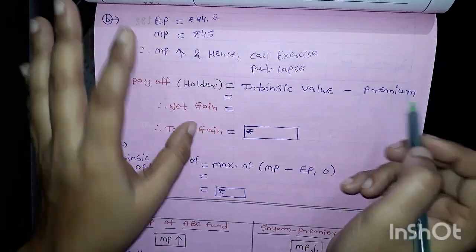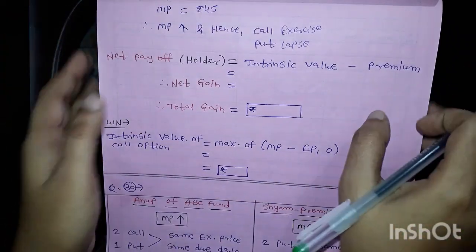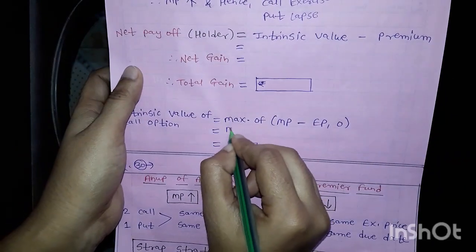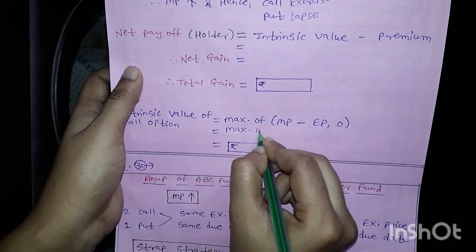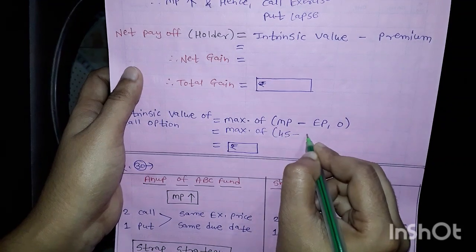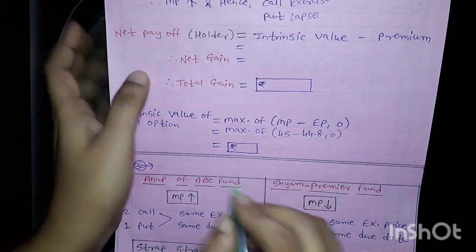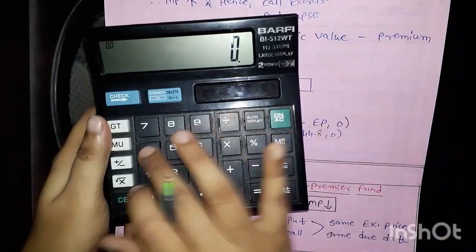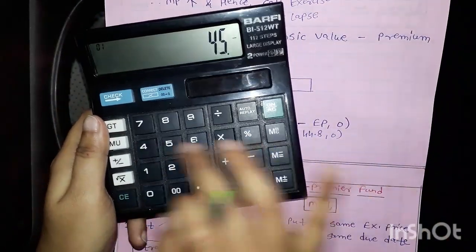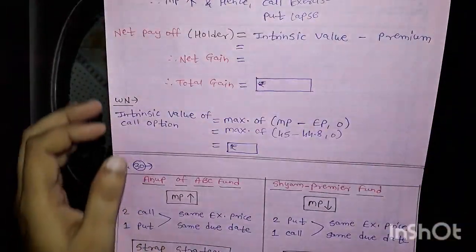So intrinsic value minus premium is the formula, and I don't know the intrinsic value, so I am going to calculate first of all the intrinsic value. So maximum of market price 45 and exercise price 44.8, comma 0. So 45 minus 44.8, I am getting here 0.2.